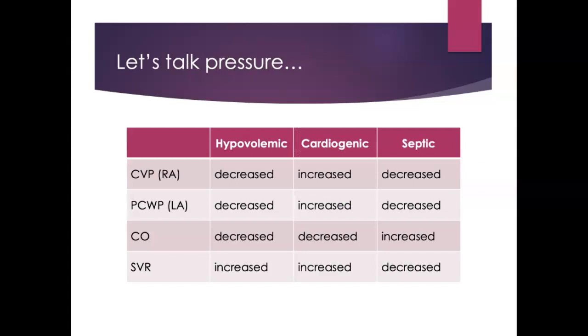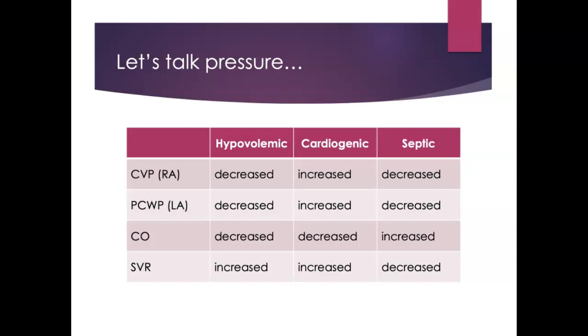So let's talk a little bit about the pressures. Remember, we talked about the CVP and the wedge pressure and the cardiac output and the systemic vascular resistance. So in hypovolemic shock, let's think about what's happening. We're not having enough fluid volume coming back to the heart because you have a decreased circulating blood volume, so the CVP is going to be decreased.